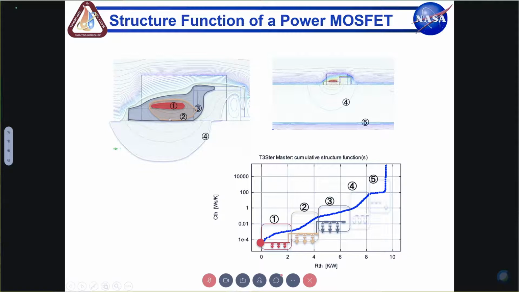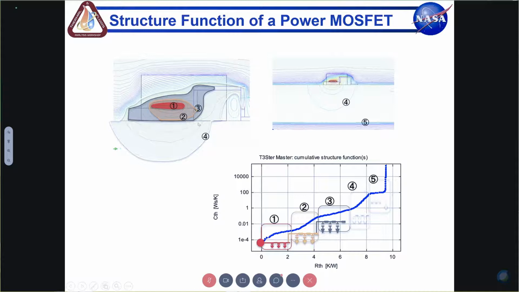And the physical representation is, for example, for the die, the difference of the temperature between the highest temperature point and the isotherm covering the die over the power dissipating through this surface will give you all these thermal resistances.